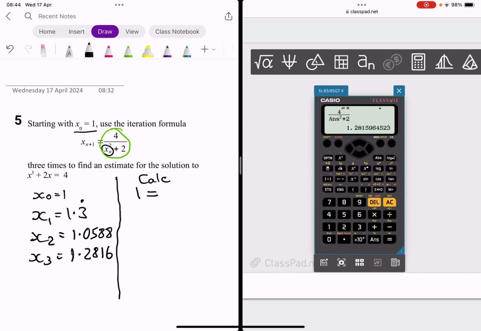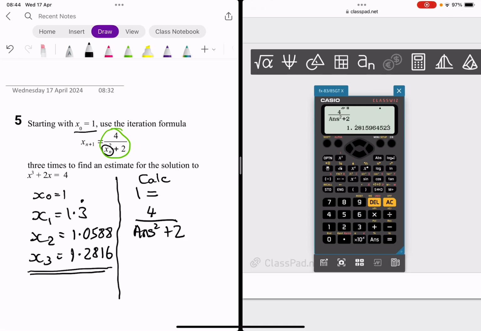Well, I've done x0, which I already had. I've then done x1, x2, x3. So my answer is this one here, okay? And as such, the calculator bit here was 4 over ans squared plus 2, okay?